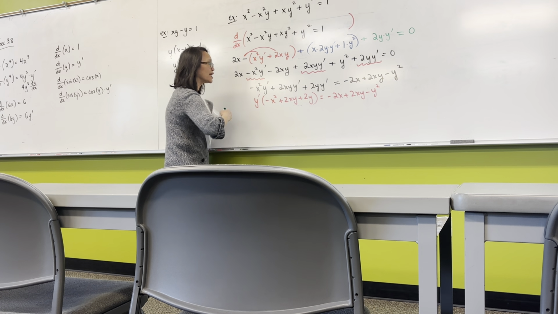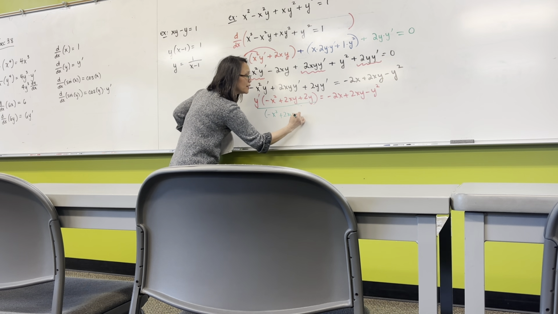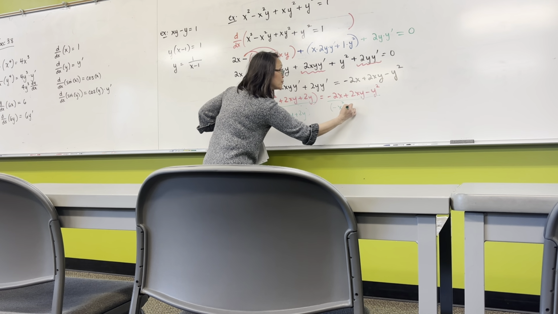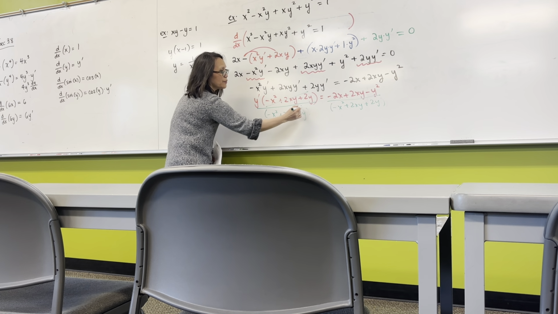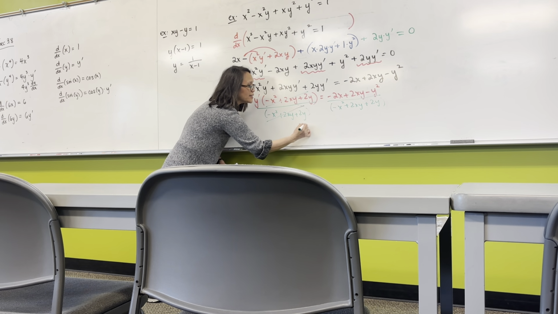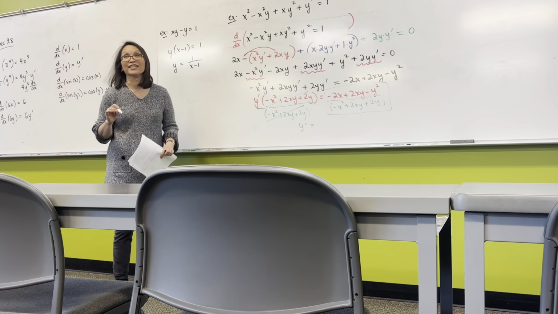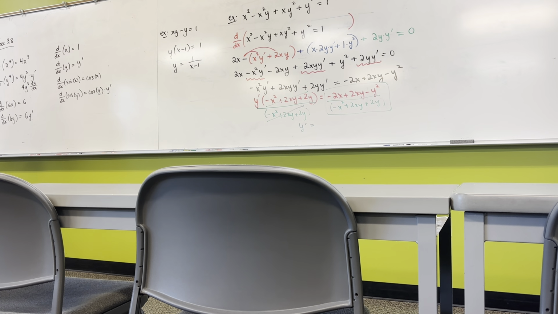So if you divide both sides by what's in the parentheses, by the minus x squared plus 2xy plus 2y, this in parentheses is going to cancel, and you basically end up with your y prime is this fraction that's over here. Okay? Did everyone see how we did that, or is there a question on that? No question on that? Everyone's good on that?